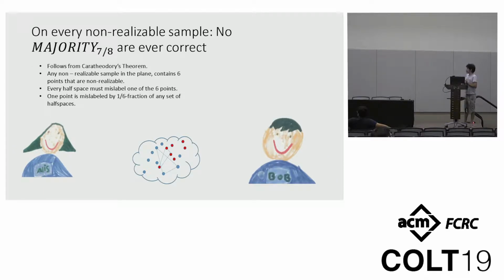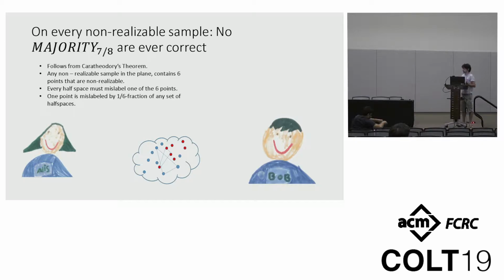So why can't they get a majority of 7/8? It follows from Carathéodory's theorem. In any non-realizable sample, you can always find 6 points on which the sample is already non-realizable, because the convex hulls intersect. So you have a point that can be represented by 3 points from the blue and 3 points from the red.